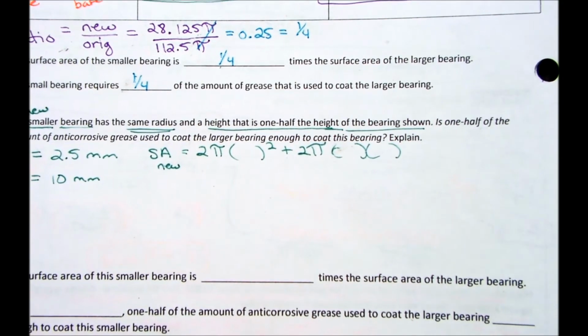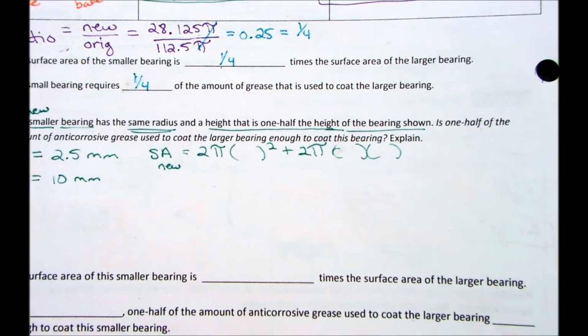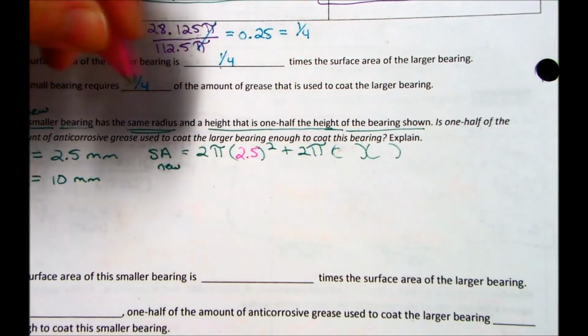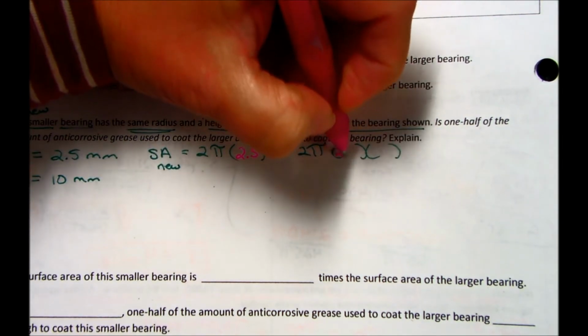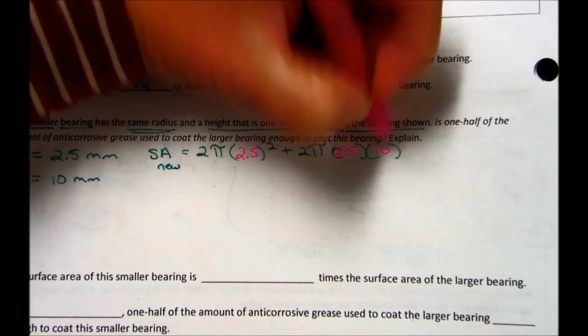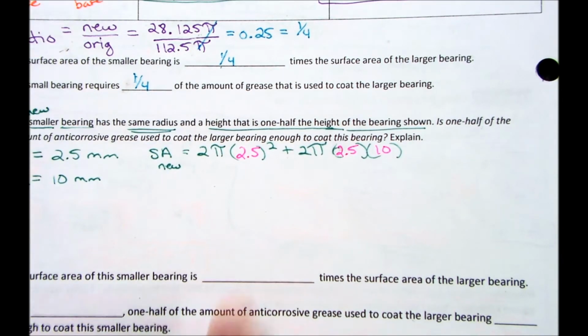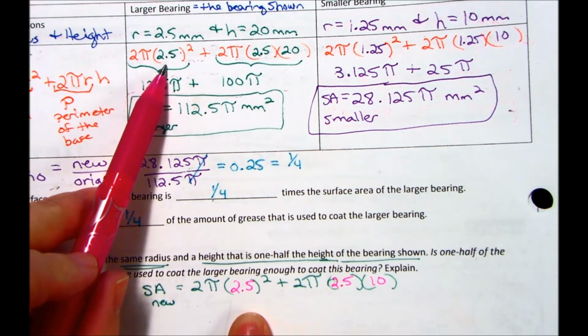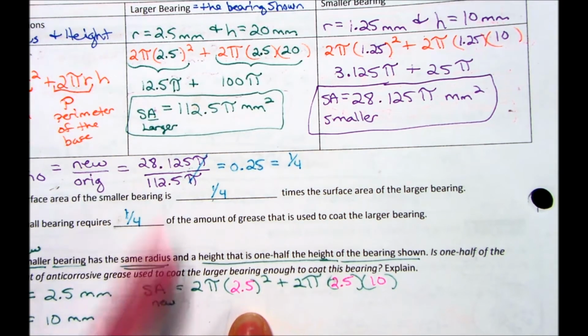All right, so now we're going to plug in our values. The radius is 2.5, and the radius here again is 2.5, but the height is only 10. Well, we already calculated this in part A: 2 pi times 2.5 squared gave us 12.5 pi.